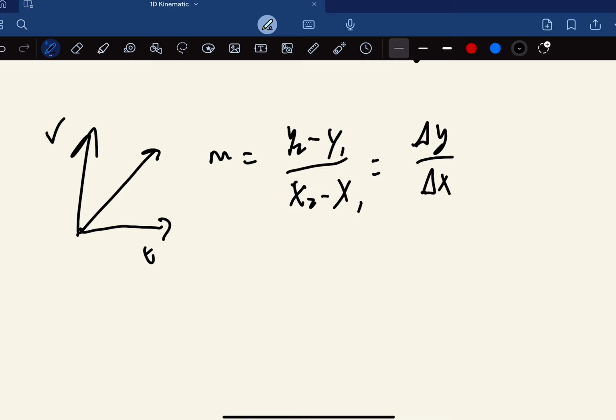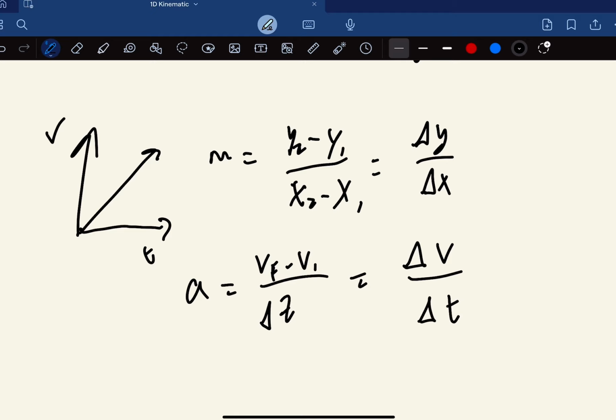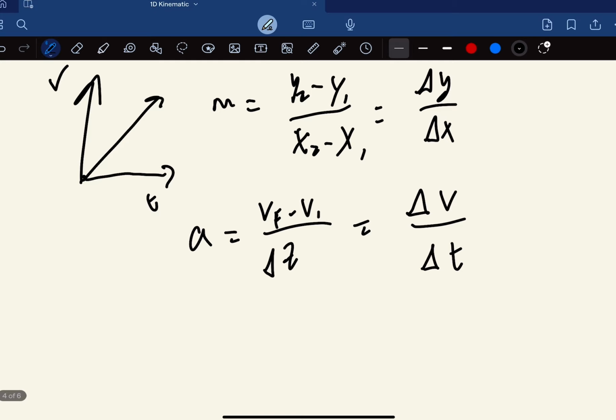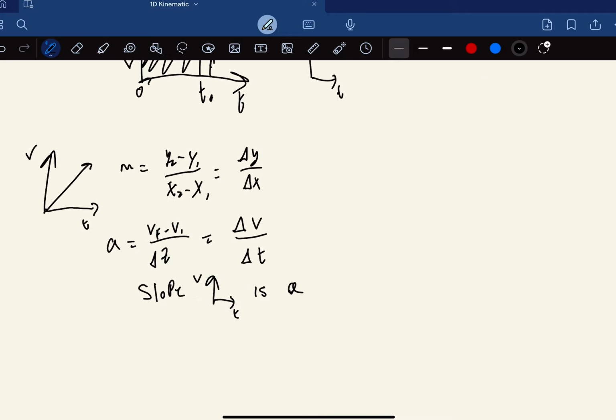Now, we also have the equation that a equals vf minus vi over delta t, which is equal to delta v over delta t. Are you picking up what I'm putting down yet? The slope of a velocity versus time graph is equal to the acceleration of that particular particle.